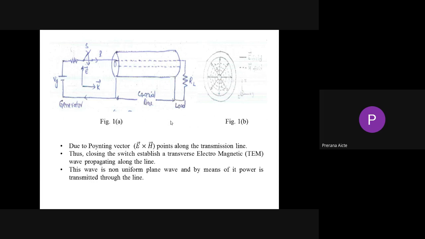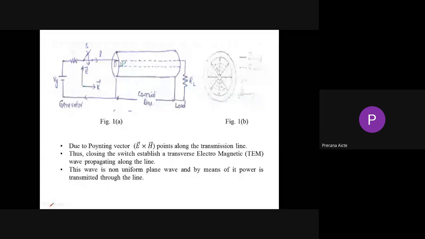Now, the inner conductor is given the voltage V_G, and if switch S is closed, then the current passes through this inner conductor.